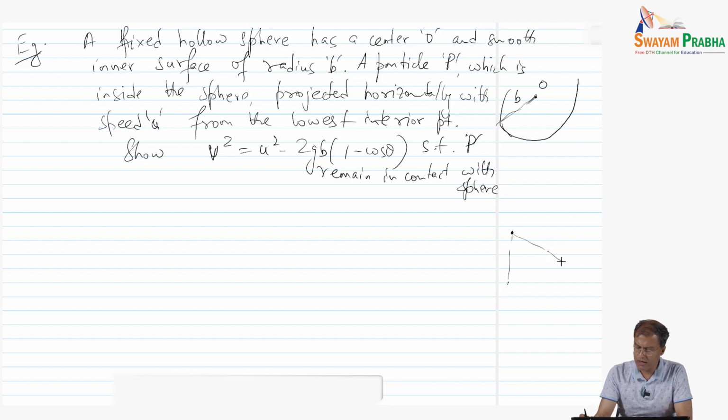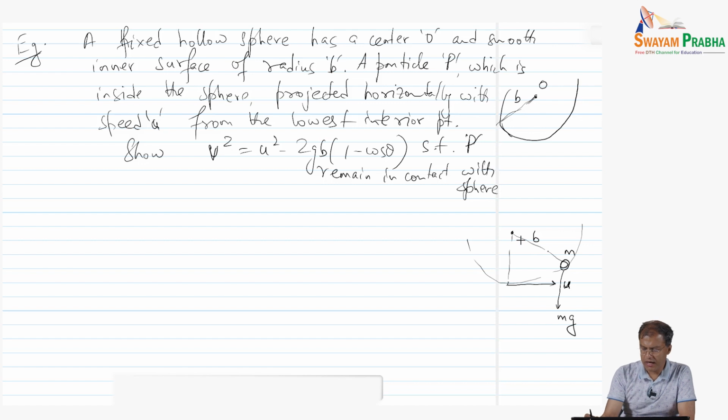We have a sphere, and inside the sphere we have a particle of mass m, and the radius of the sphere is b, and we expect gravity to act in the downward direction. At t equal to 0 the particle is projected with horizontal speed u at the lowest point, and at any given point it is subtending an angle theta.